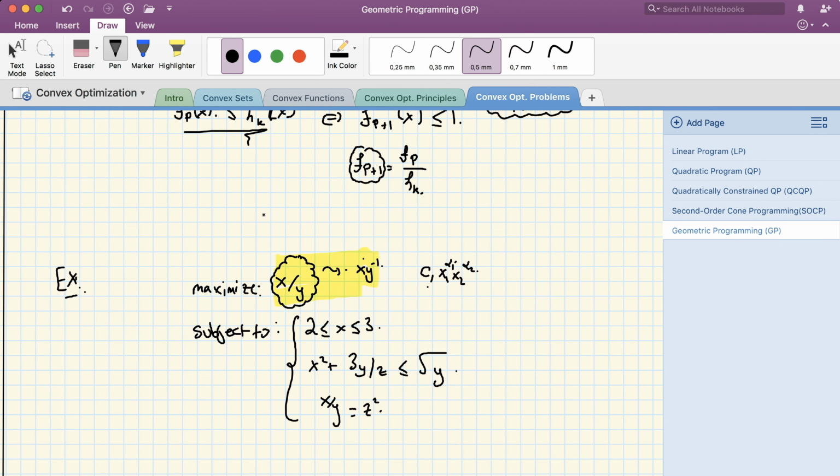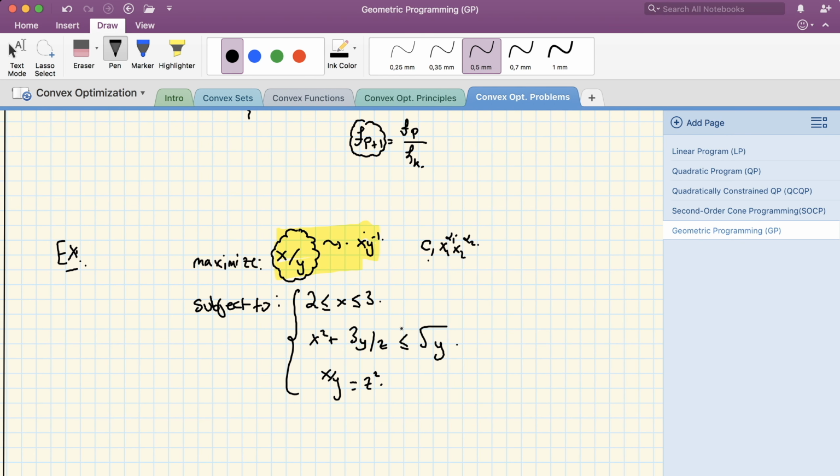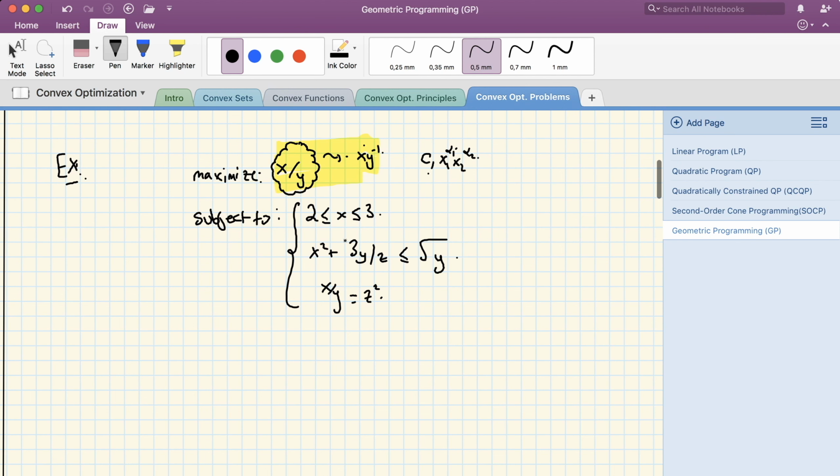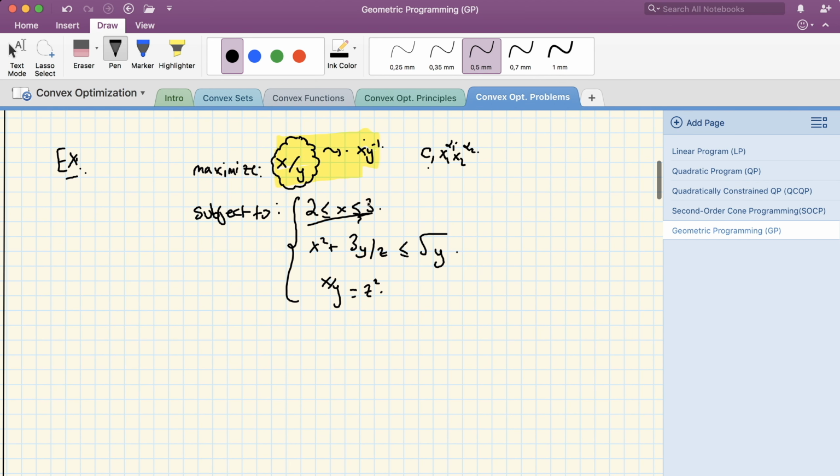Now let's go ahead and look at the constraints. The constraints could be easily converted to ones that correspond to a generic GP problem. How is that? I don't like how this looks. We've got two inequalities, lower bounded and upper bounded. None of this is in the generic GP problem. So how do we go over this problem?